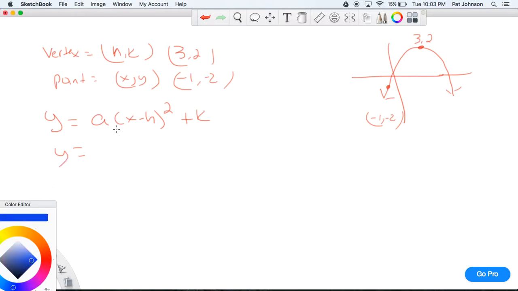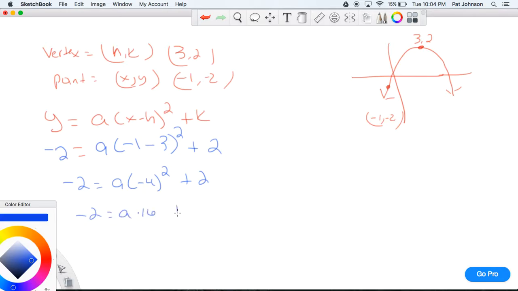So let's take this. We don't know what a is. Oops, actually, do we know what y is? Yeah, we have a point. It's -2. I don't know what a is. I know what x is. It's -1 minus, what is h? 3, plus k is 2, and this is squared. So -2 equals a times -4 squared plus 2. -2 equals a times 16 plus 2.